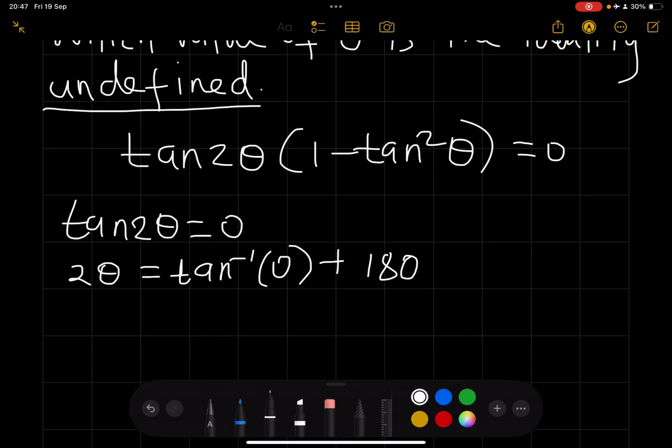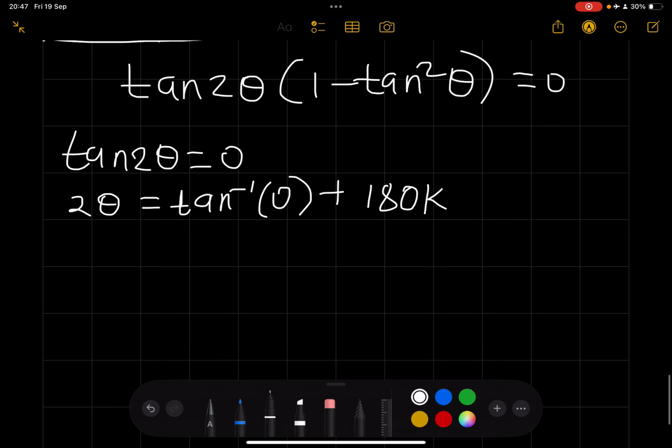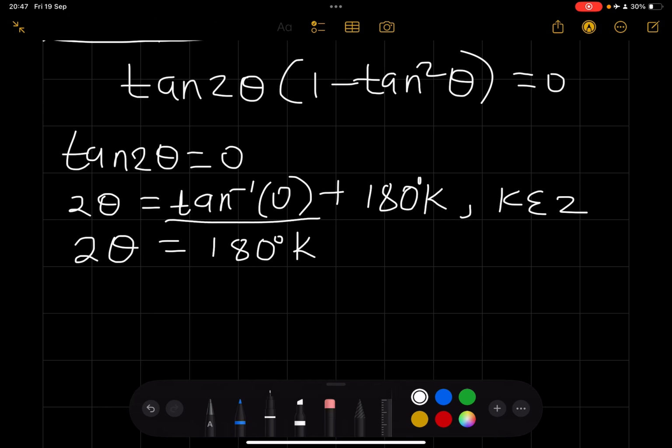For tan we use 180k, remember, because it's periodic every 180 degrees. So we are left with 2 theta equals 180k, where k is an element of the integers. Dividing both sides by 2, we get theta equals 90k. That is case 1.